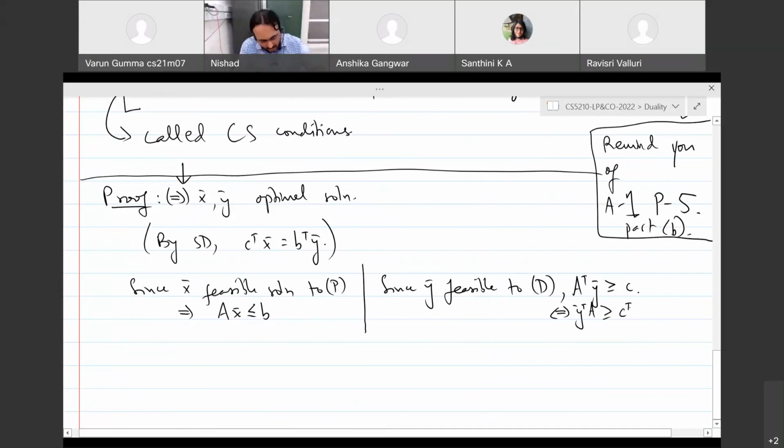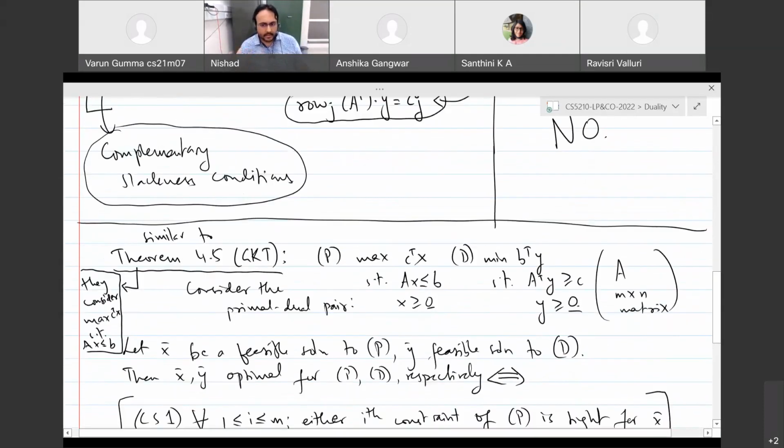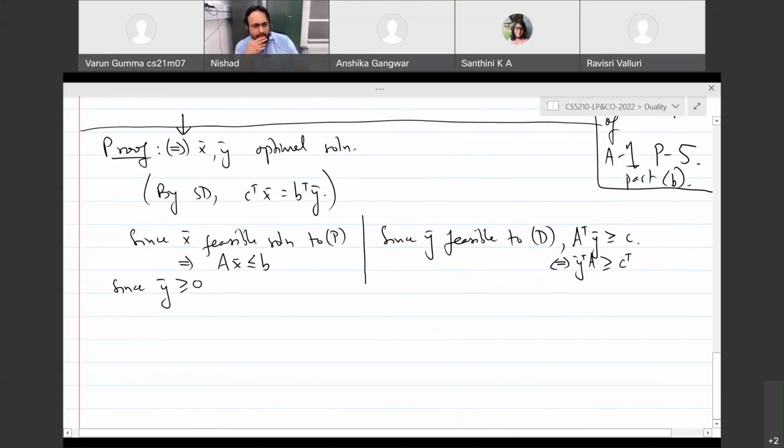Now, notice that in our primal and dual, both x and y are non-negative. So since y bar is non-negative, I could very well multiply both sides here by y bar transpose.